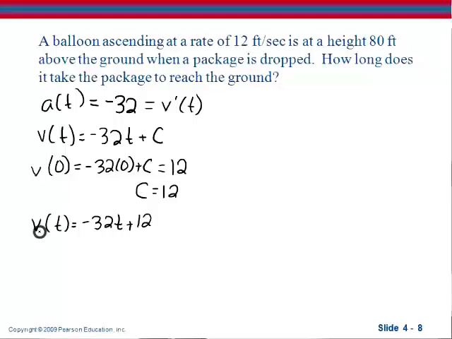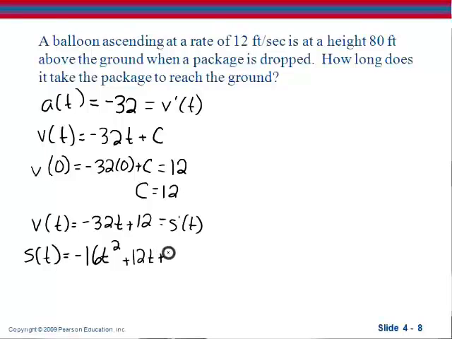Now we want to find our position function. Now remember, this is the derivative of our position function. So if we want to find our position function, we take the antiderivative, and that would be negative. Now remember, we want to make this t squared. So we're going to do the 32, and we're going to divide it by 2, which is 16. 2 times 16 will give us -32, plus 12t, plus a constant. Now we also know the initial position is 80 feet.